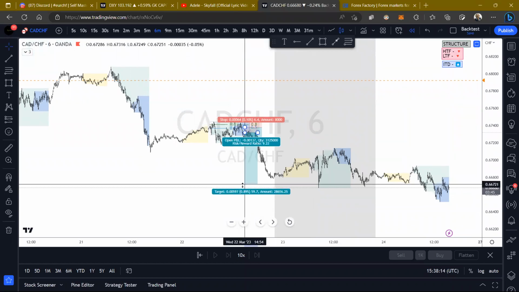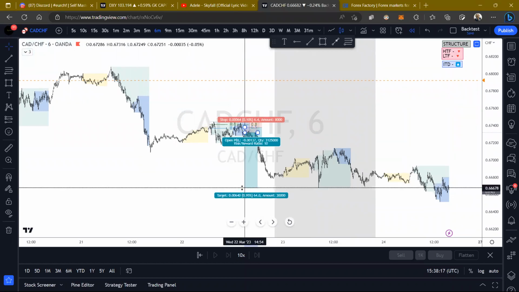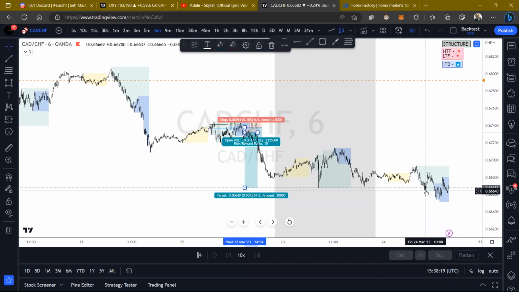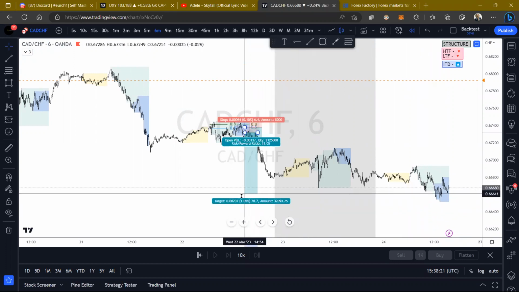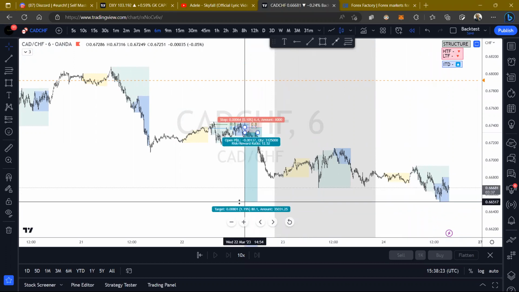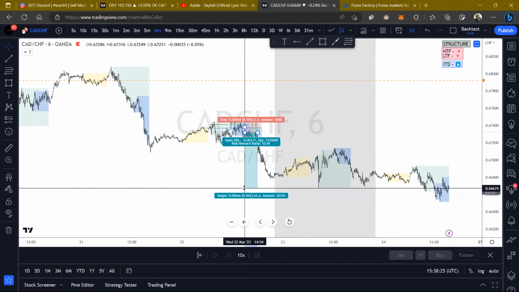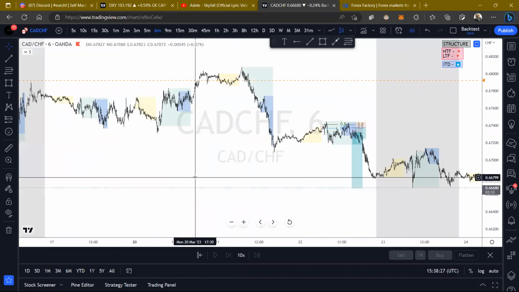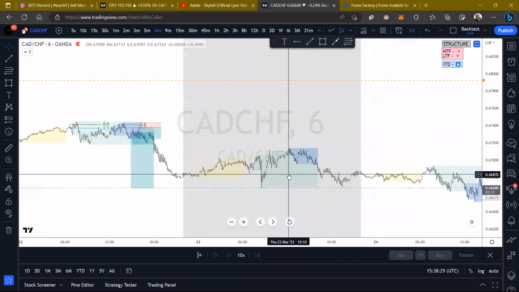Your 10 to 1 would be here. So Friday this morning, price gave us a total of 12.5 to 1 so far, and that was off the sell stop.